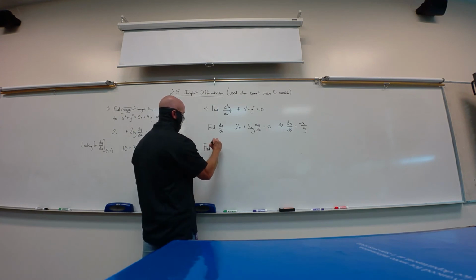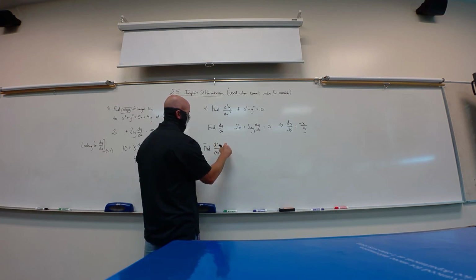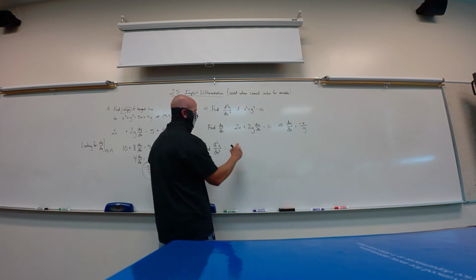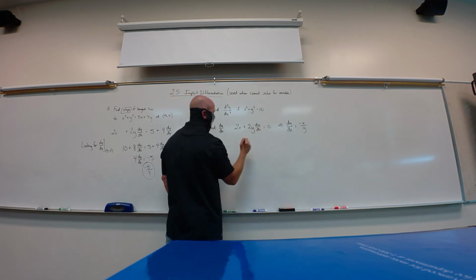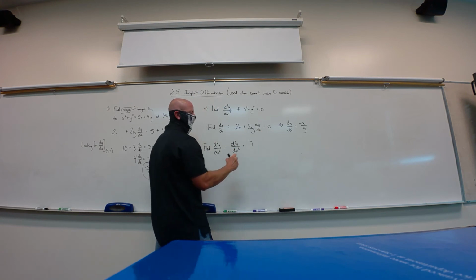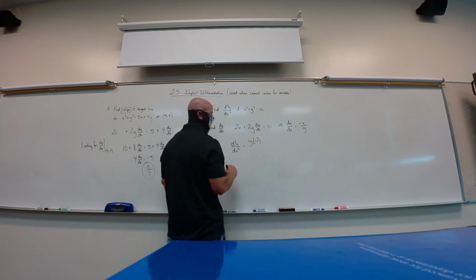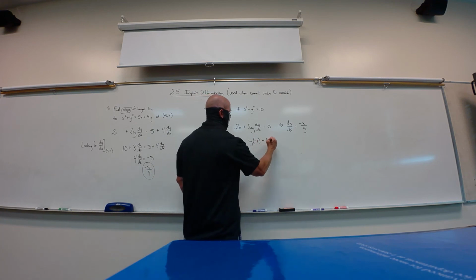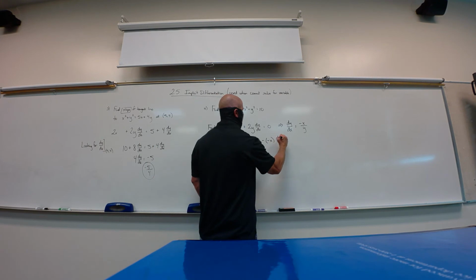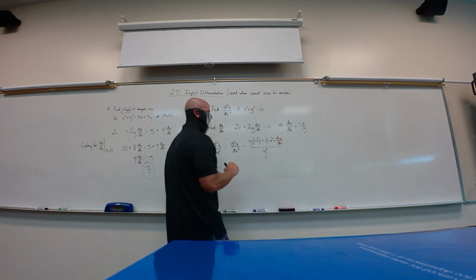So now we'll go with that second derivative. d2y over dx2 equals bottom times the derivative of the top, which is -1, minus the top, negative x, times the derivative of the bottom, dy dx, all over the bottom squared.